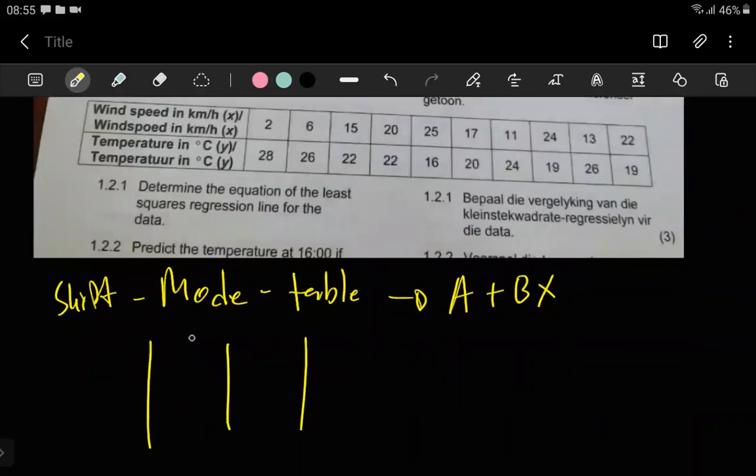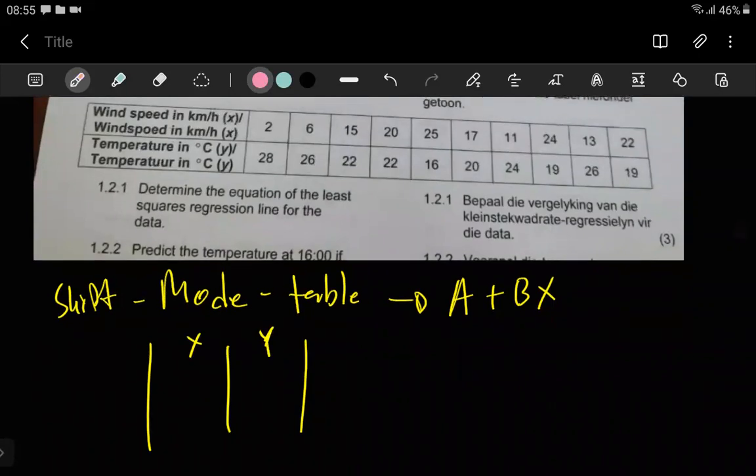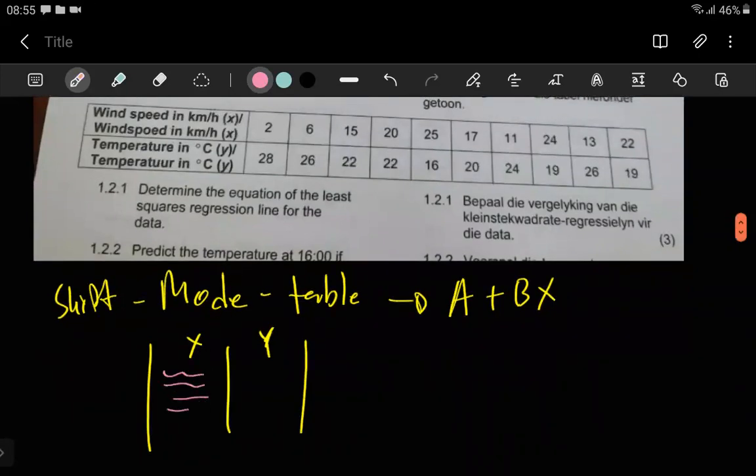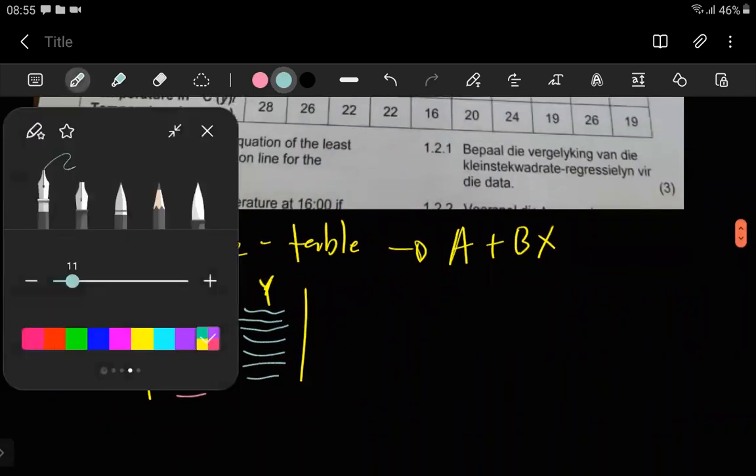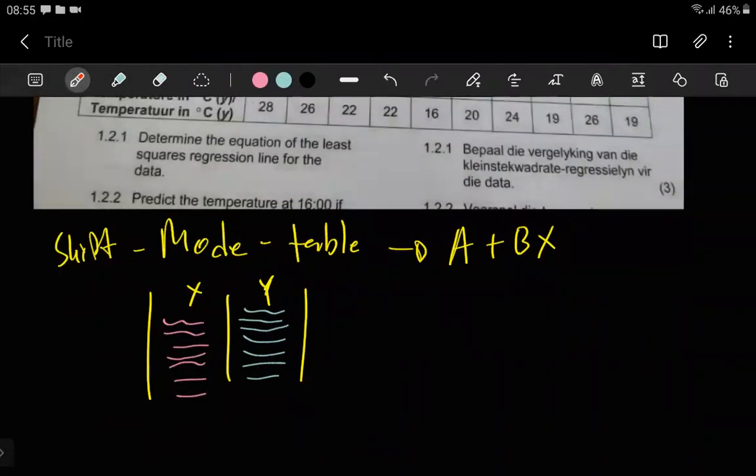It allows us to put in two sets of data, like this and this.